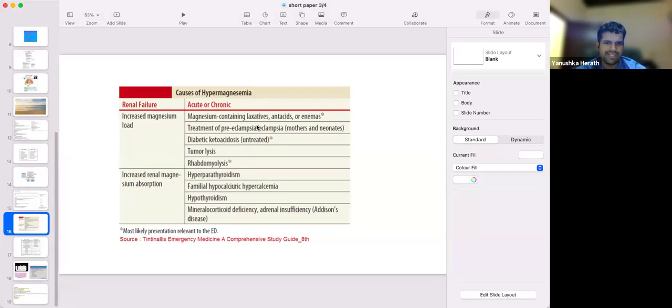You have to remember, especially these antacids, and when you obviously treat with magnesium sulfate, diabetic ketoacidosis, rhabdomyolysis, then by increasing the renal magnesium absorption in hyperparathyroidism, in familial hypocalciuric hypercalcemia, and of course Addison's disease.